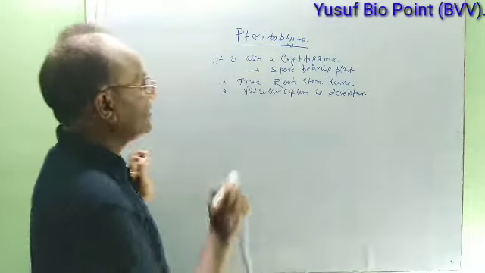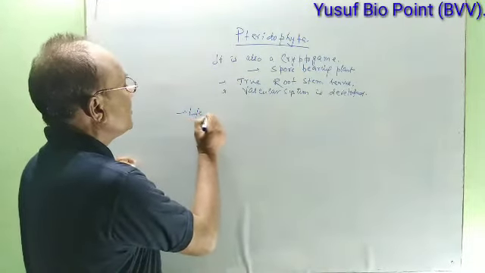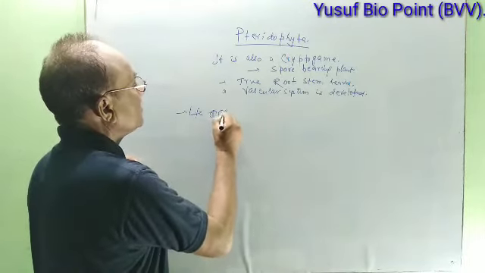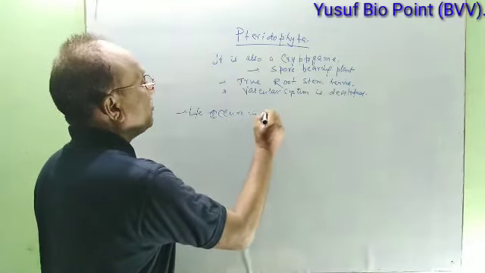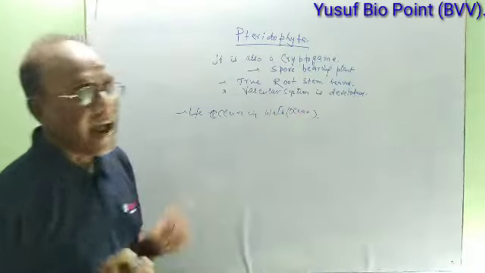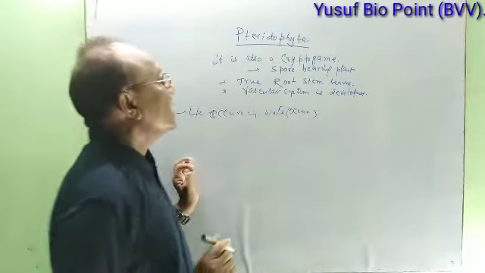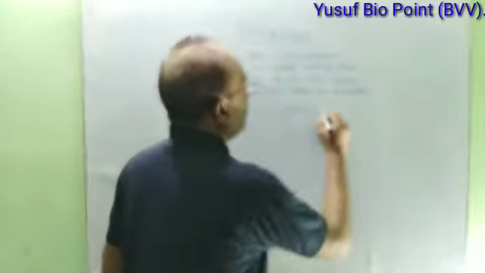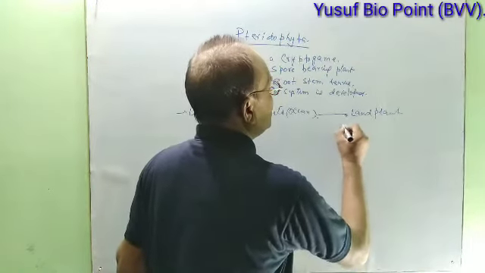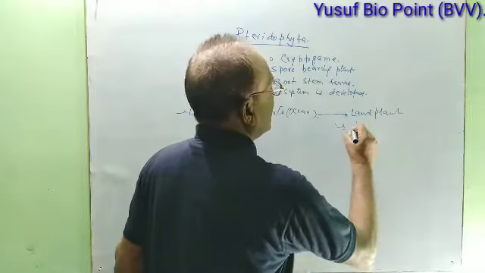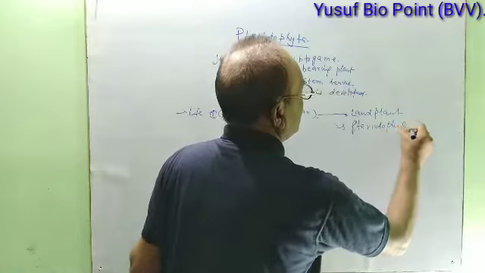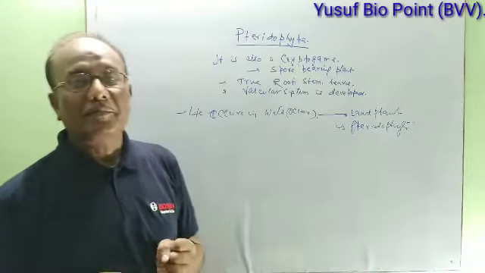One thing we know is that life first occurred in water, that is the ocean, and it is assumed that the first land plant is the pteridophytes. ऐसा ये माना जाता है कि पहला land plant.